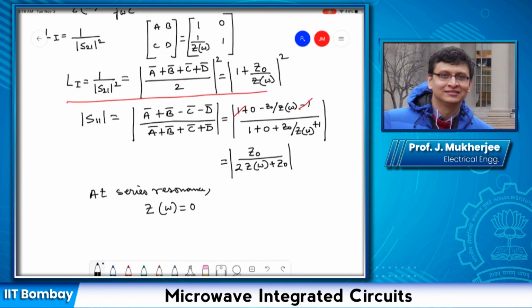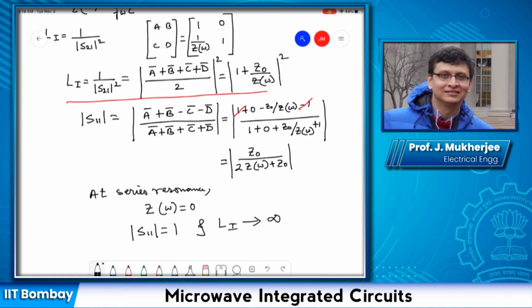So then S11 becomes equal to 1, and Li tends to infinity.